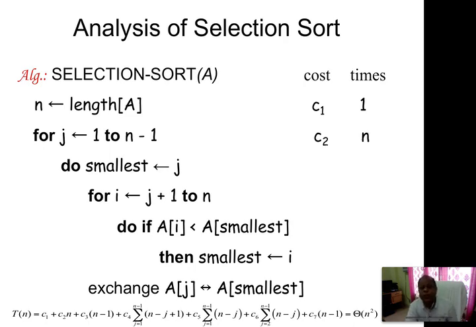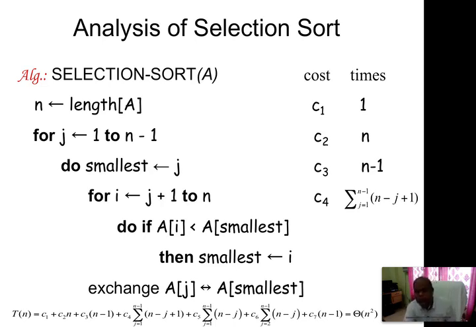For the second, the cost is C2, and it will run n times. For the next, the cost is C3 and it runs n minus 1 times. For the next, C4, the number of times it will run is from n to j plus 1, that means n minus j plus 1. Because one condition will be the failing condition, hence n plus 1 minus j times.